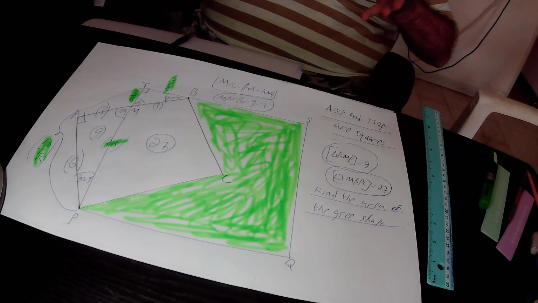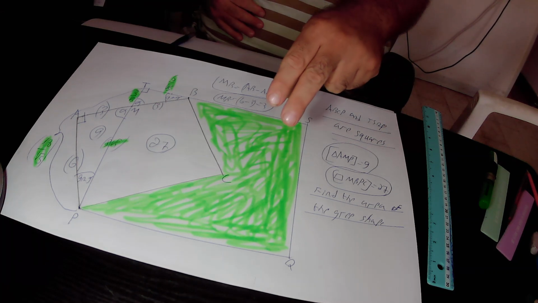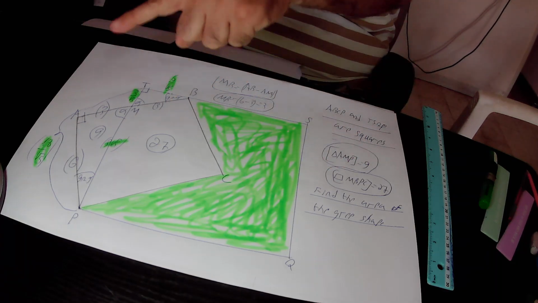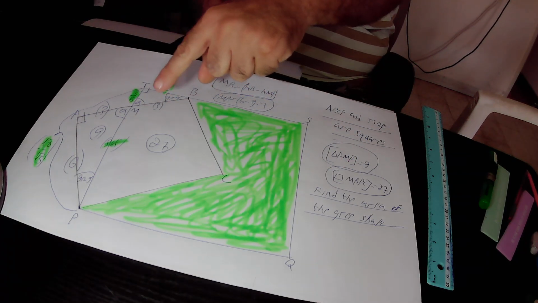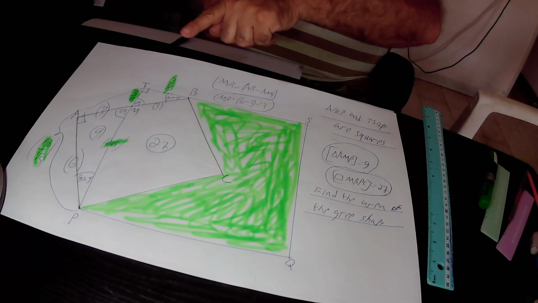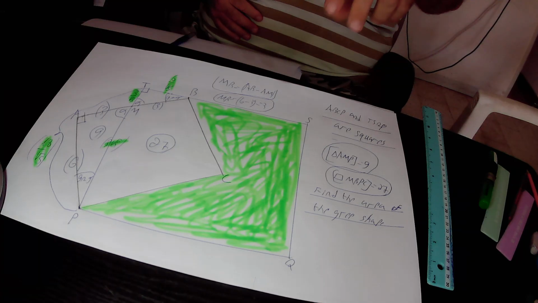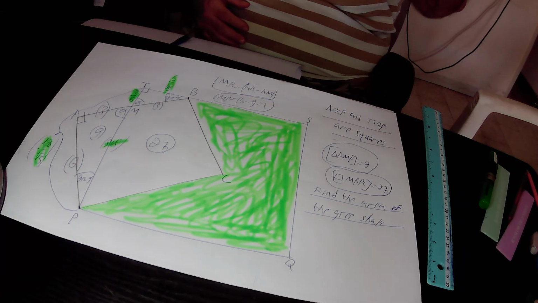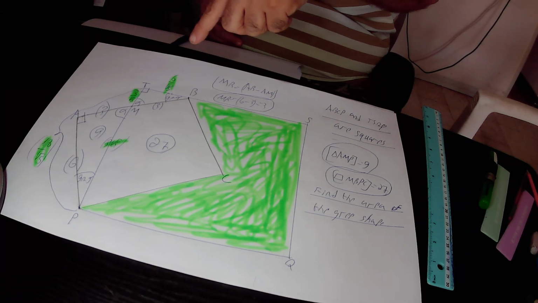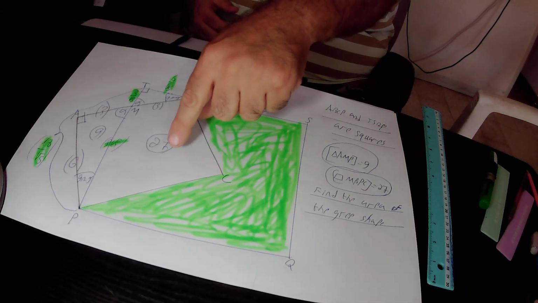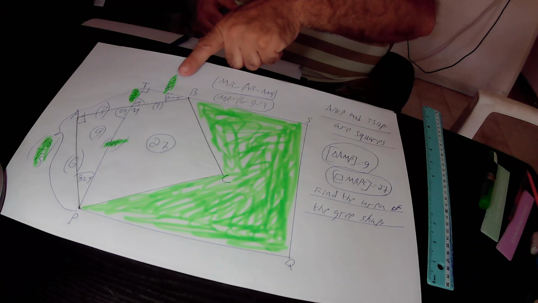From the drawing, it is very easy to see that the area of this green shape in total equals the area of the big square TSQP minus the area of this quadrangle MBCP minus the area of this right triangle TMB.